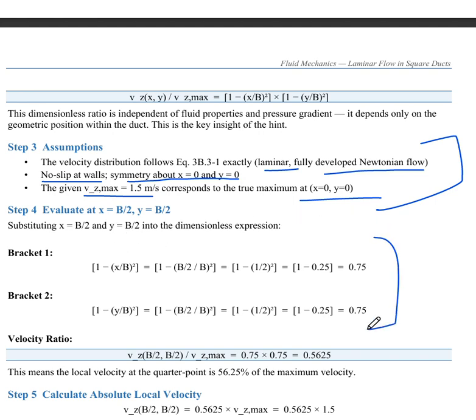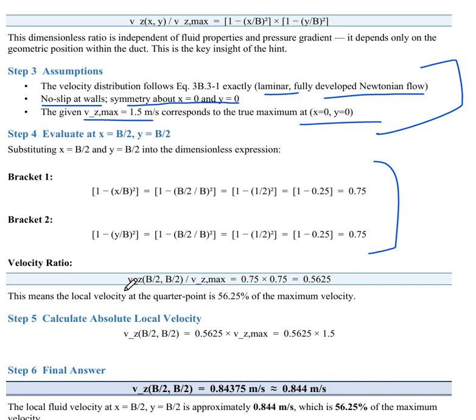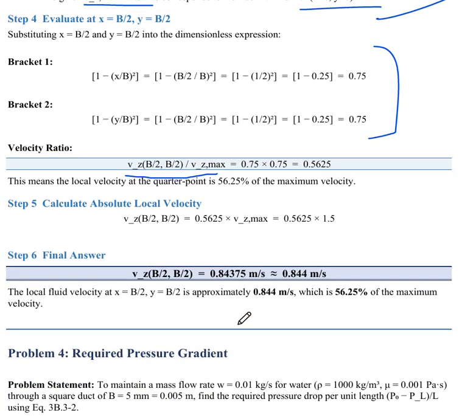And by substituting these values, we get this velocity ratio, the local velocity upon the maximum velocity. And here we get the final answer.